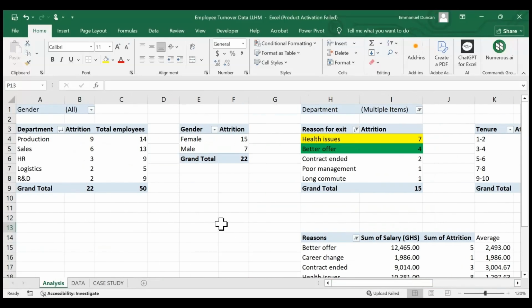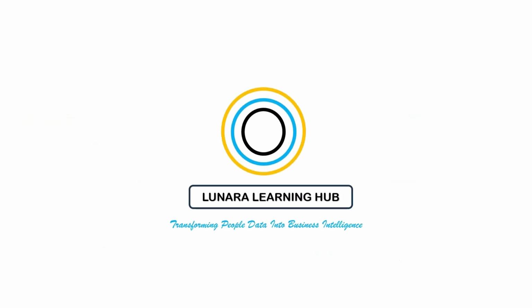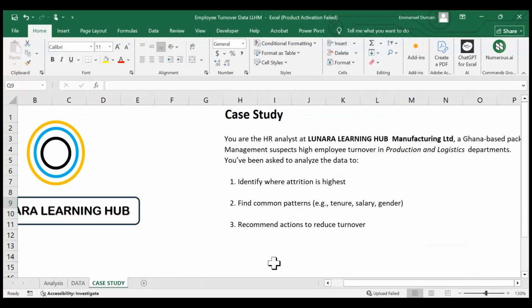So let us see whether we've been able to meet the requirements by management. So the first question was to identify the highest attrition.